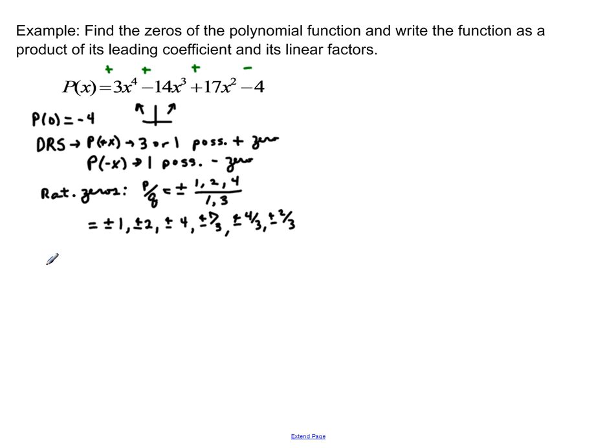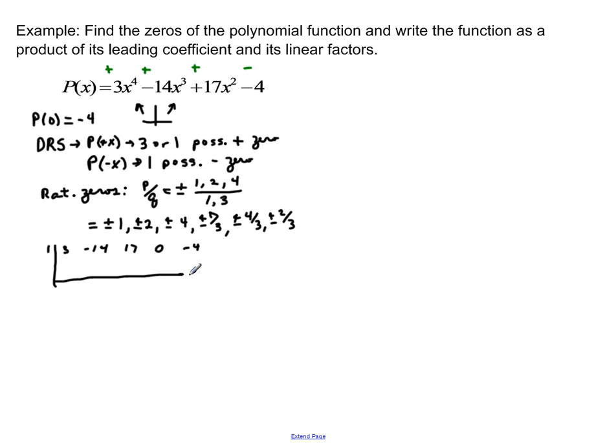Okay, so what we're going to do is test to see if we've got any real zeros right here. I always start with the easiest numbers. Let's start with positive 1. Let's see what happens. If I put in positive 1, we've got a 4th degree polynomial, so we're going to have a 3, negative 14, 17, and we need a placeholder for our 1st degree term, and we're going to have negative 4 here at the end.